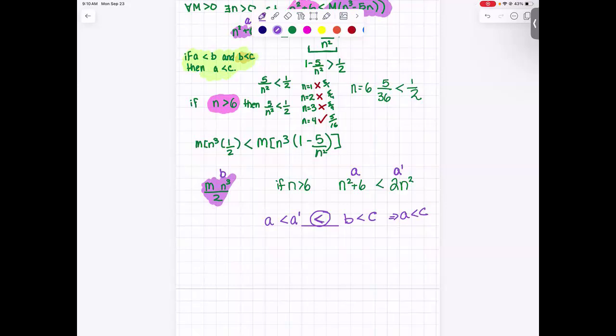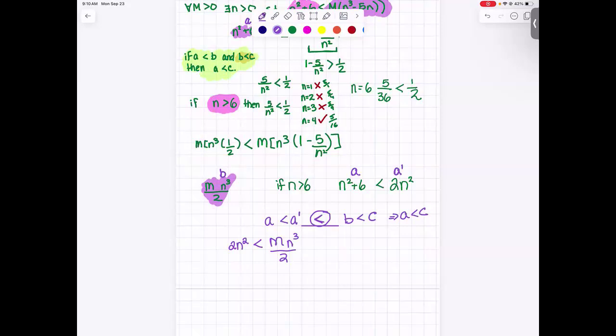So our a prime is going to be 2n squared, and our b is mn cubed over 2. So armed with this information, let's see if we can solve for n and find an n bound that will make this true.